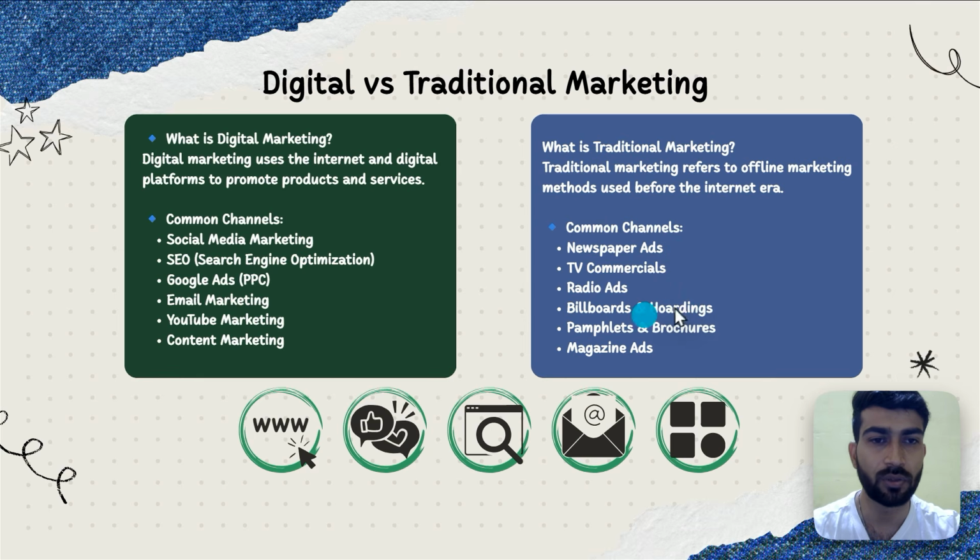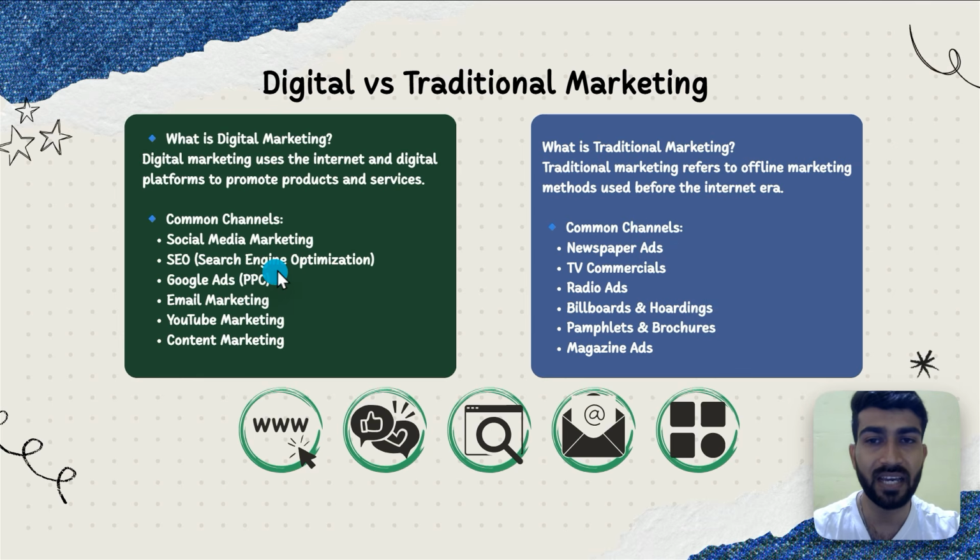If you use hoardings, everyone can see that ad. The children will see those hoardings, the old age person will see them, youngsters, everyone. So there is no targeting in traditional marketing. You cannot target your audience perfectly.